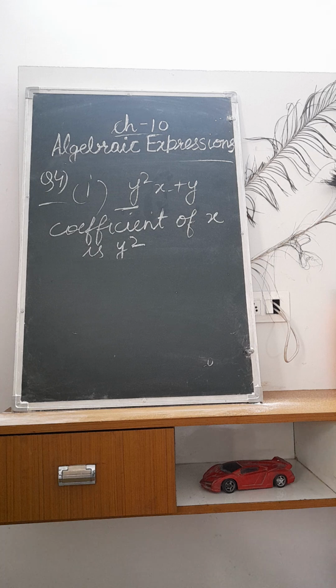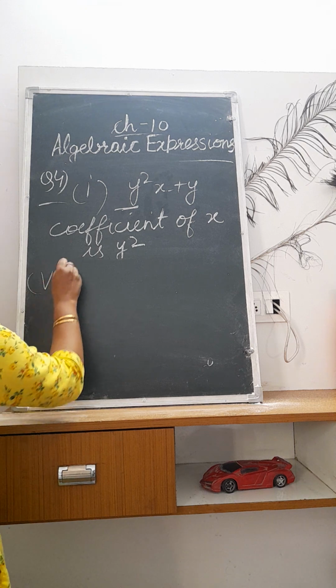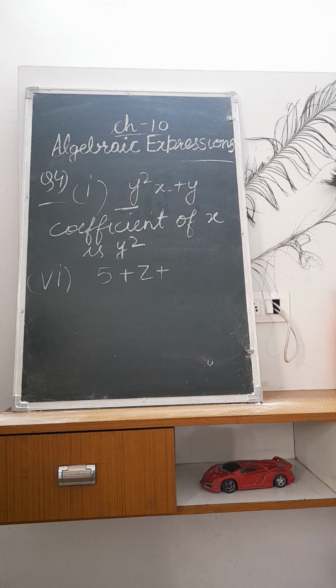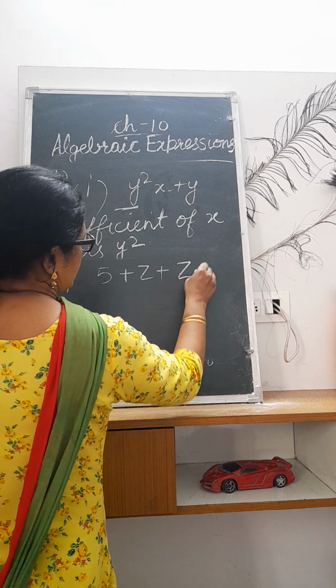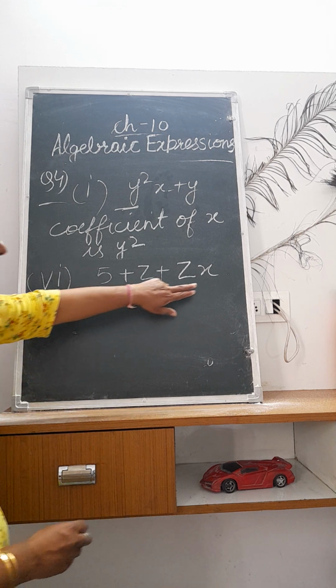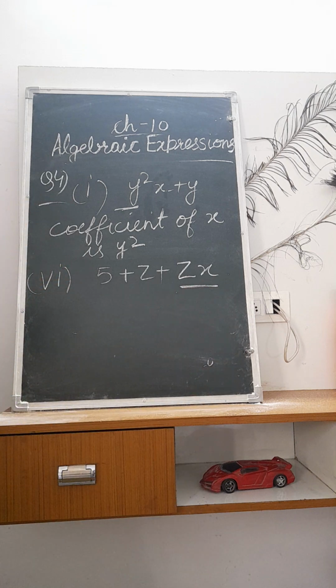Next, if we do the term 5 plus z plus zx. Only this term has x, as they have told us to write down the coefficient of x.